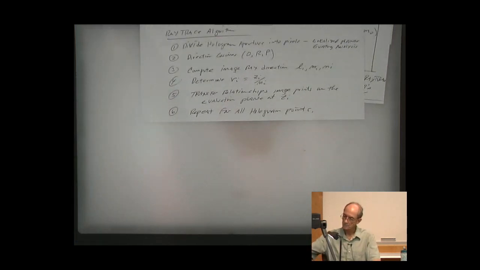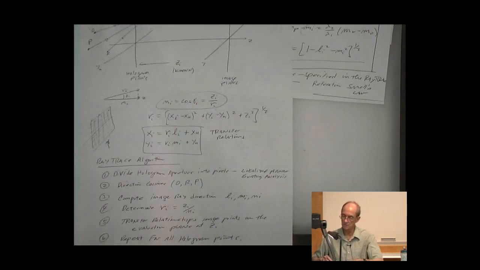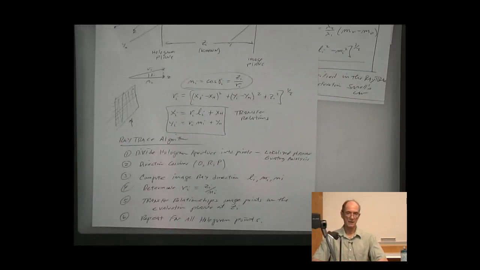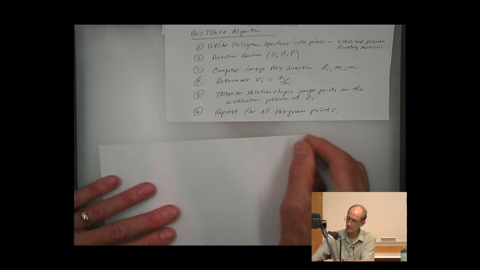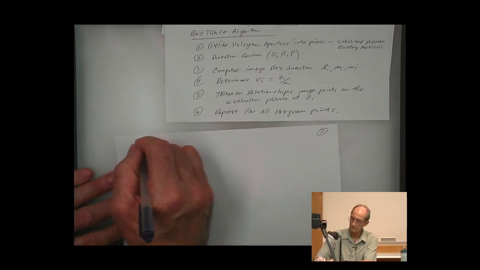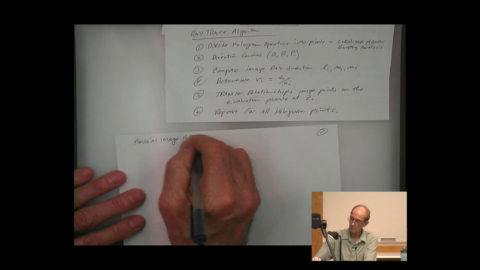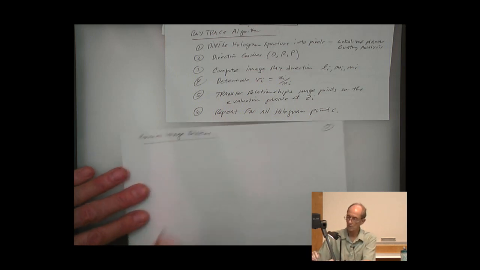Now, the thing that you'd like to know, though, is what's a good plane here, Zi, to use? What's a good evaluation plane that's a good starting point for the image analysis plane? So the next thing that we'll do is develop the paraxial image relationships for the hologram, all right?